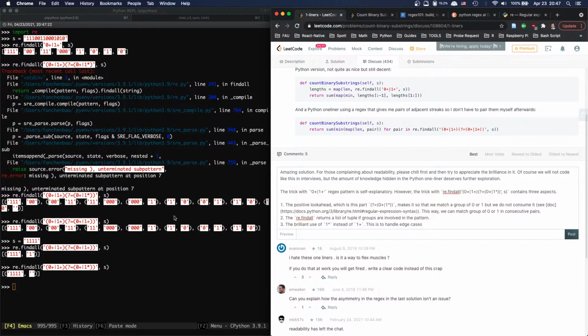Actually, it's more than an edge case. It handles cases where the last group contains more than one 0 or 1. For instance, 1 1 1 1, right.